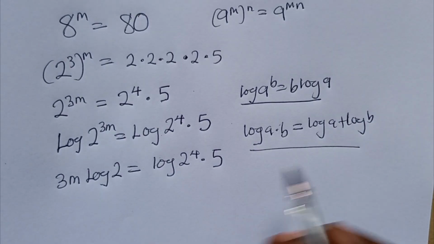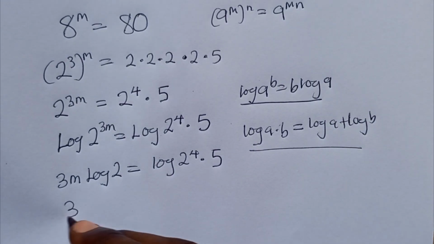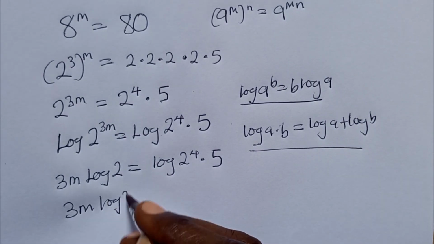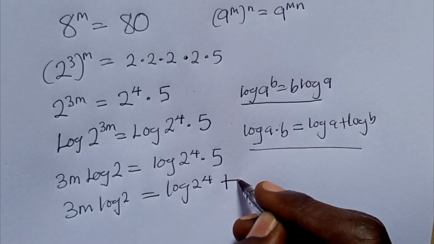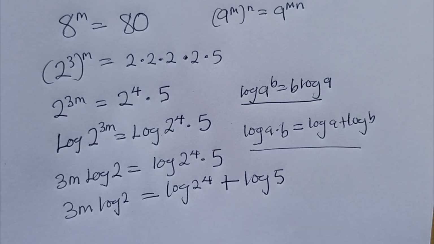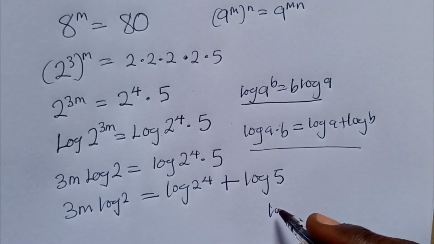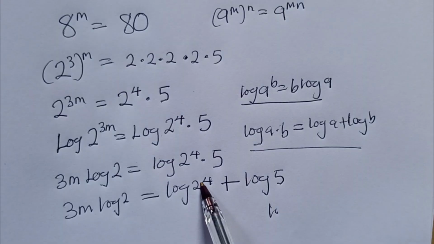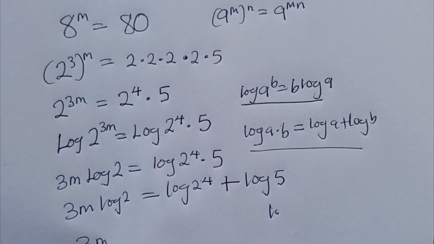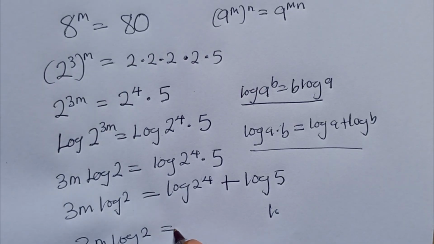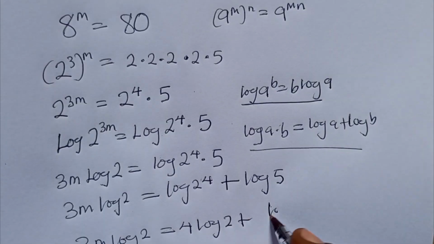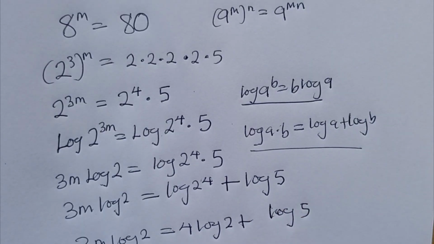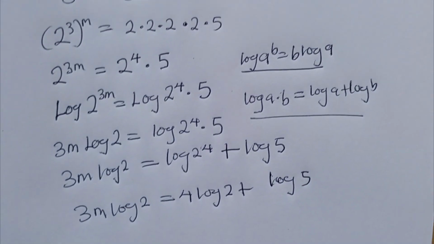So we'll apply this here. So we have 3m log 2 equals log 2 to the power of 4 plus log 5. And again, applying this same law here, we're going to have 3m log 2 equals 4 log 2 plus log 5. So this is what we are going to have.